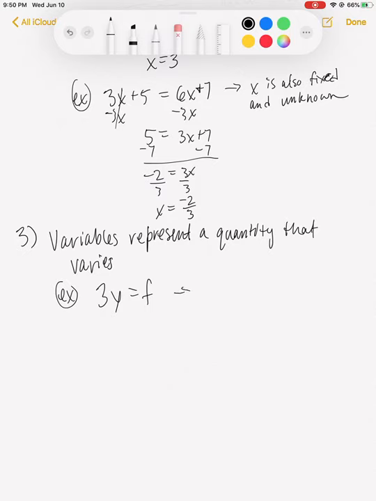In this one, y can vary and be any number.